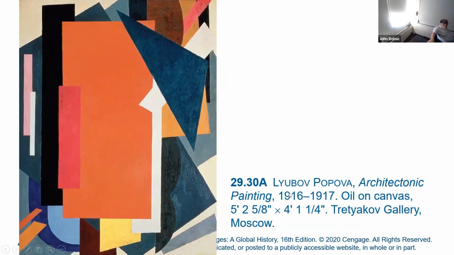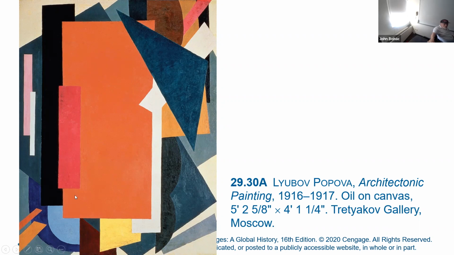Lyubov Popova, a woman artist. And that was another thing about the Russians. They had pretty much an equal balance of women and men participating in modern art. And again, this doesn't really depict anything like a person, place, or thing.